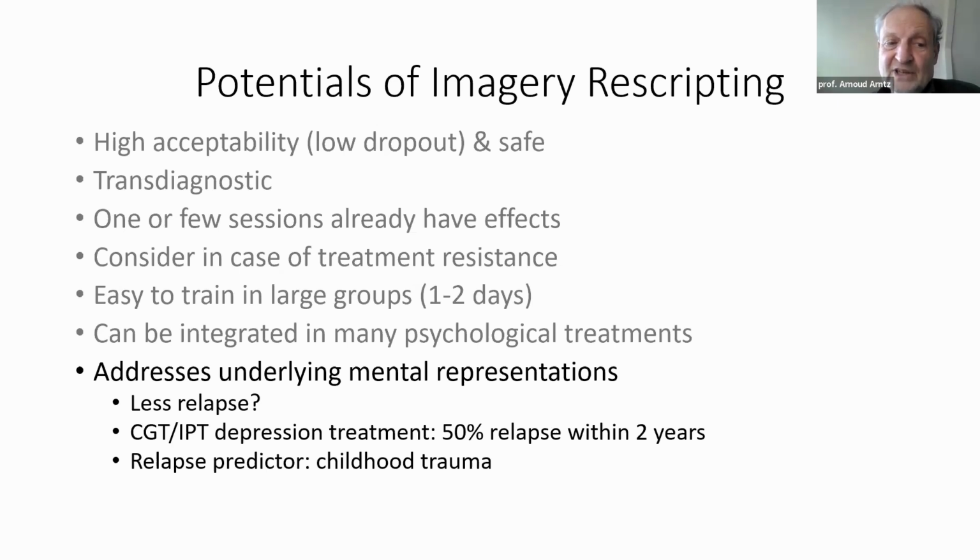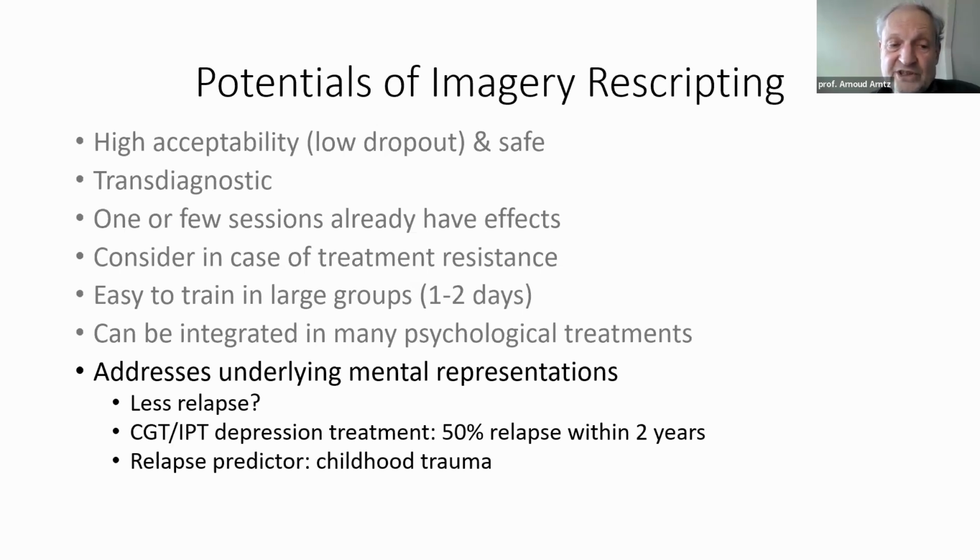And one of the reasons might be that the underlying vulnerability is not addressed. CBT and IPT, the standard protocols, are really focusing on how to get people out of the depression, for instance, by activation, or by addressing their current conflicts with other people, or by correcting negative thinking.